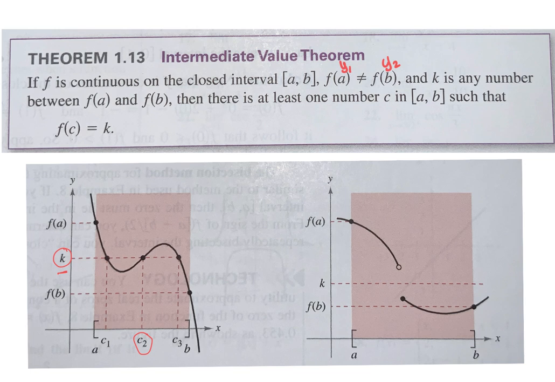What they're saying is if it's continuous and these are not the same numbers, meaning b gives you a different y than a, then if there is some number in between the y values, there has to be a corresponding x number in between the x values. That is all the intermediate value theorem is saying. And you can see how it works for this, but it does not work for that because this is not continuous. Your initial if statement is not met here, so you can't assume the rest of it.